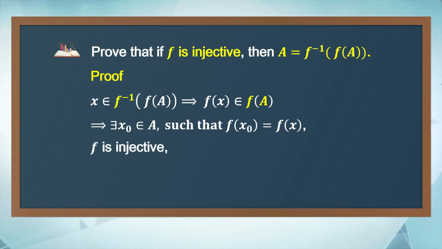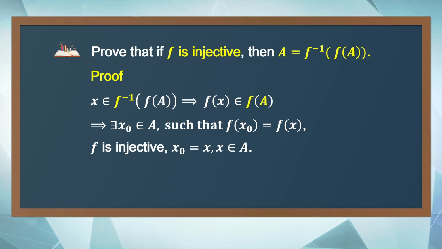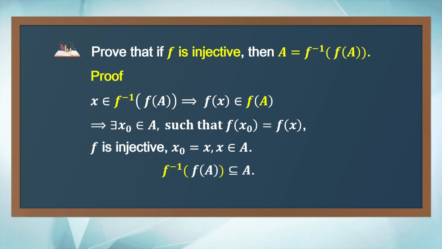Because f is injective, we have x_0 equals x, so x is in A. Now we have proved that if f is injective, then the preimage of the image of A is a subset of A. Therefore, if f is injective, then A equals the preimage of the image of A. This completes the proof. Similarly, we can prove the next theorem.